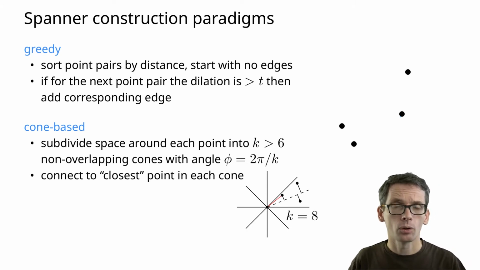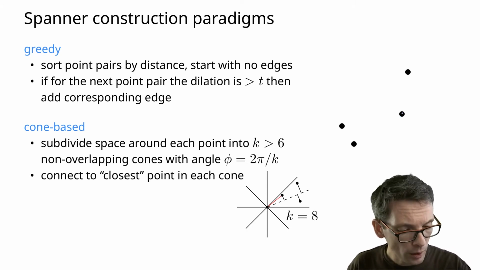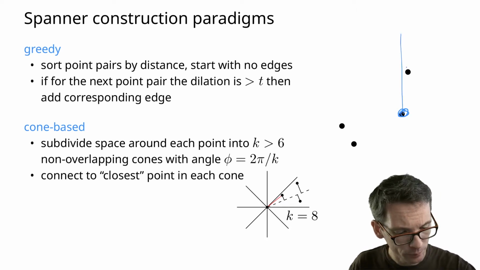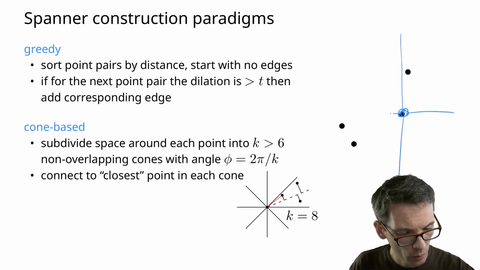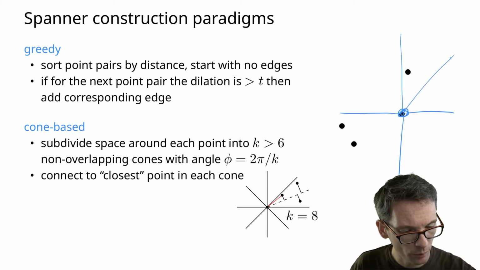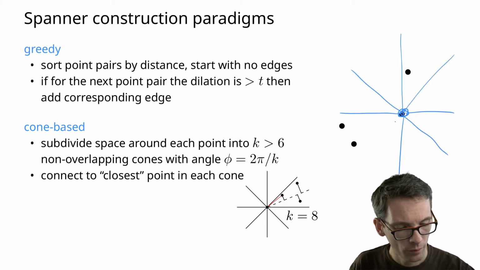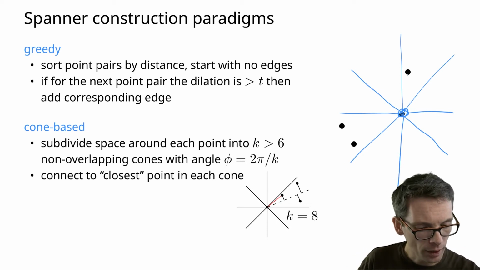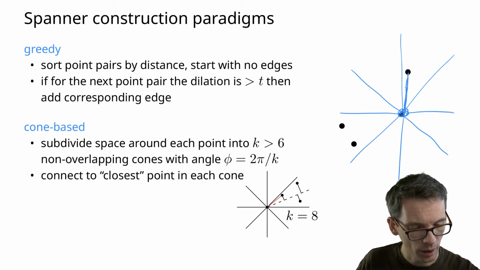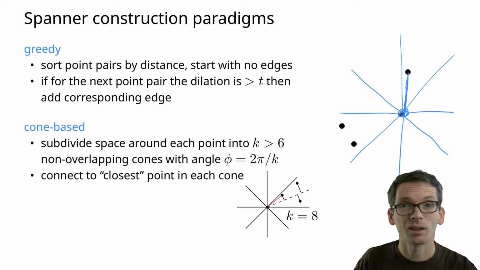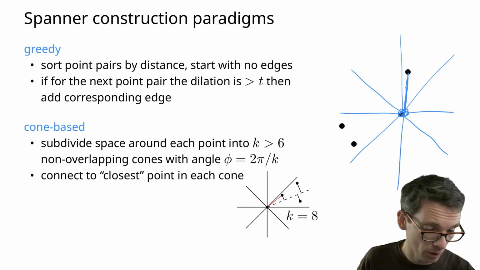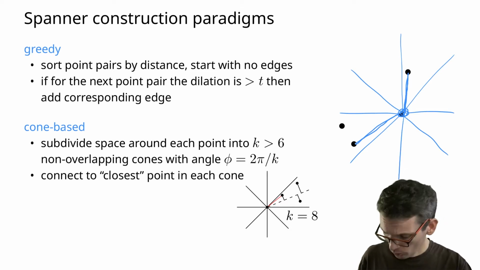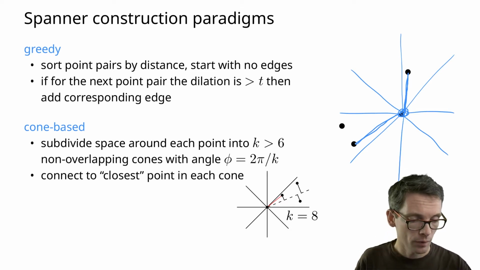And to be able to do that, for every point, so let's say I take this point, I subdivide the space into a number of cones, and the more cones, the lower my T will be, and for every cone I connect to the closest. So I would do this edge, and now you need to tell me which one is closer. Let me just guess. This one. And I now do this for every point.